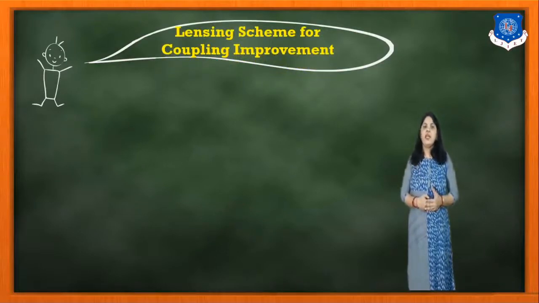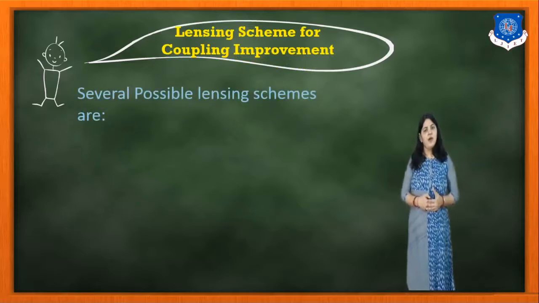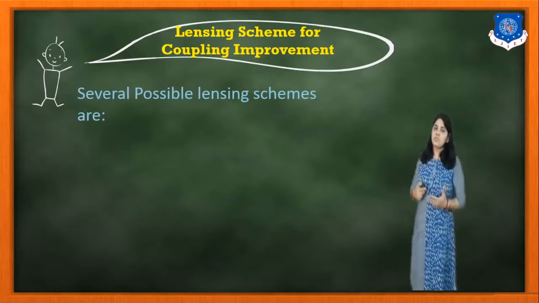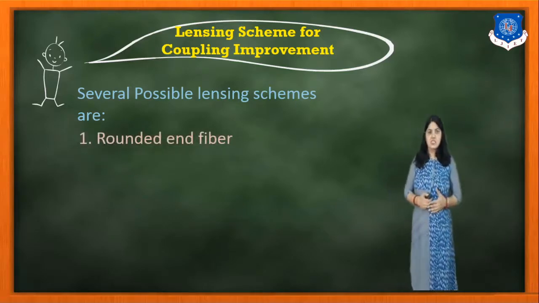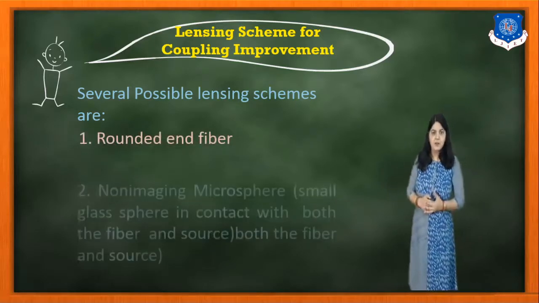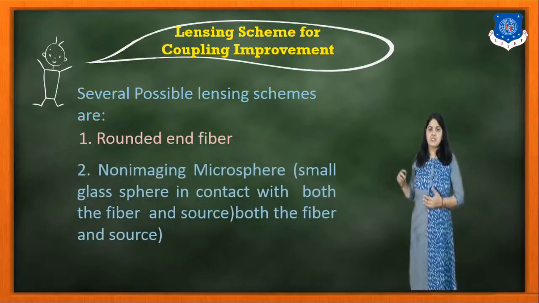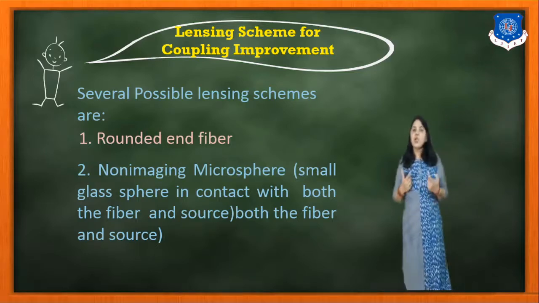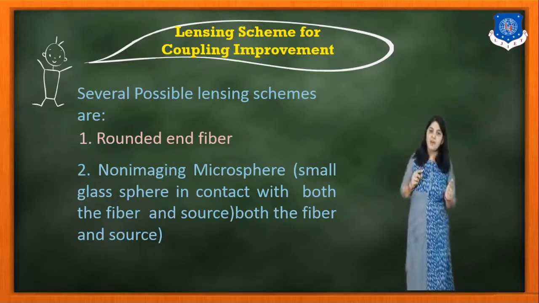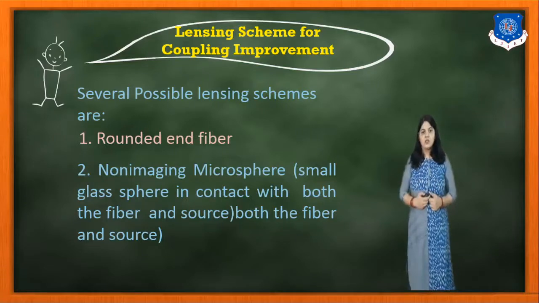Now, the lensing schemes for coupling improvement. Several possible lensing schemes are there. The first is the rounded end fiber. The second is the non-imaging microsphere, that is a small glass sphere in contact with both the fiber and the source.